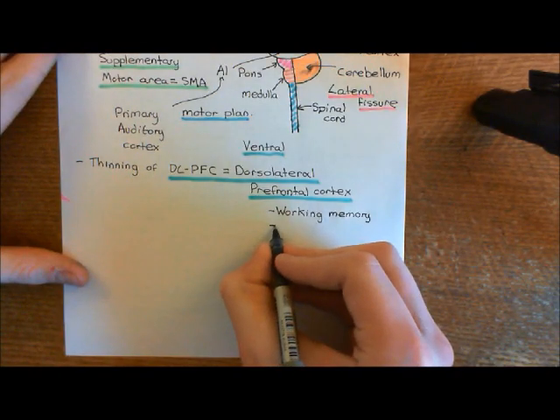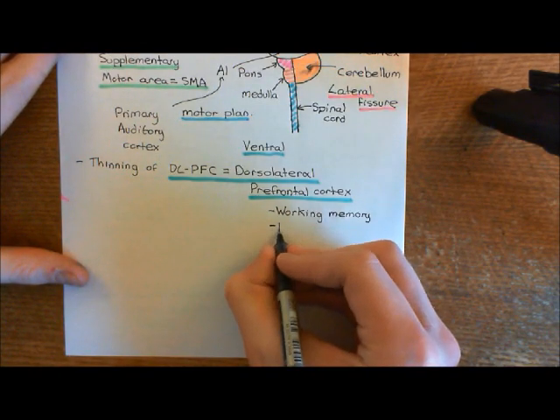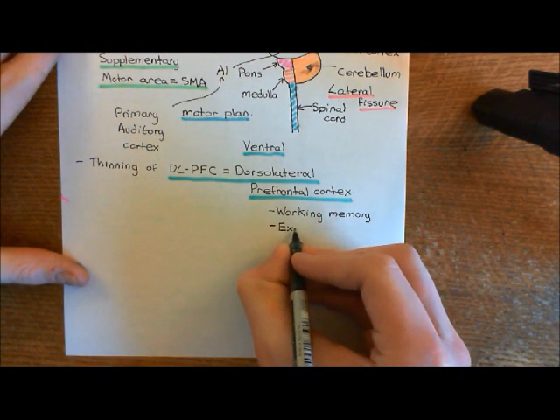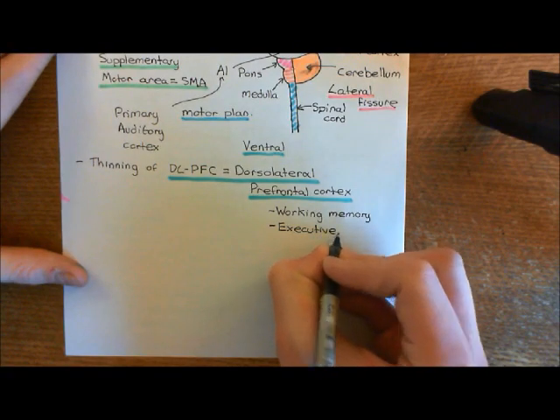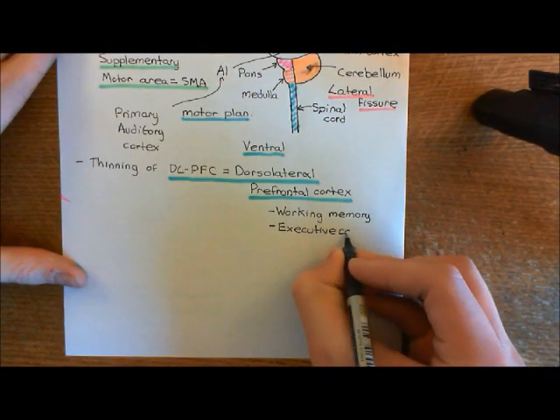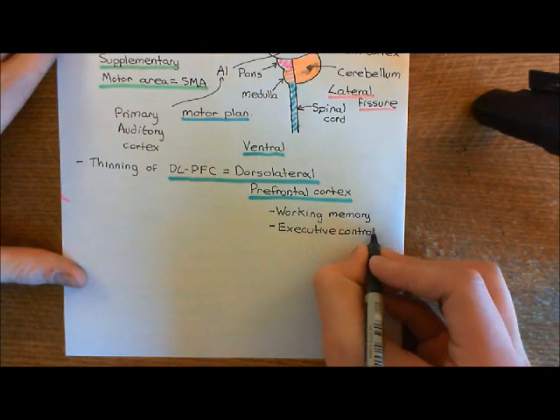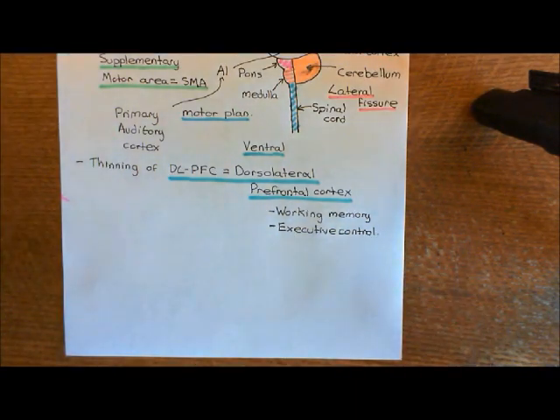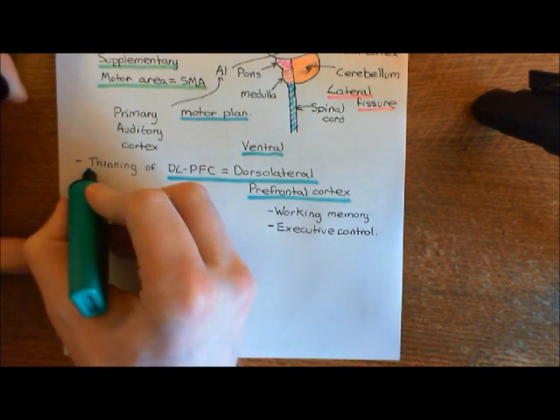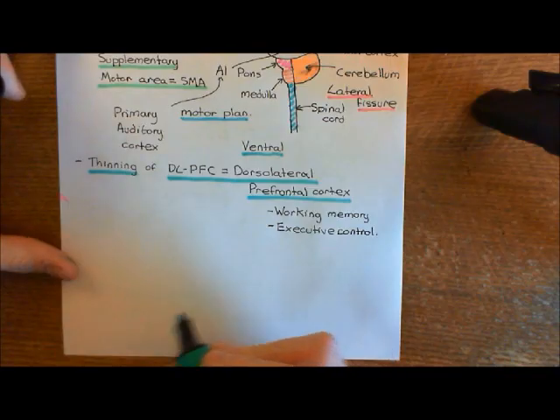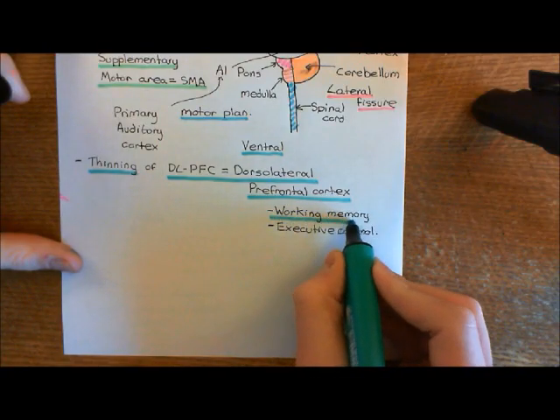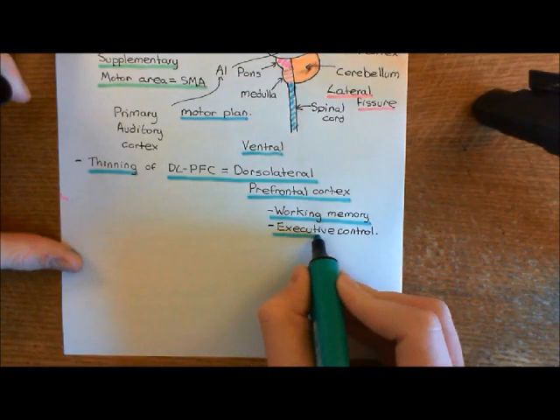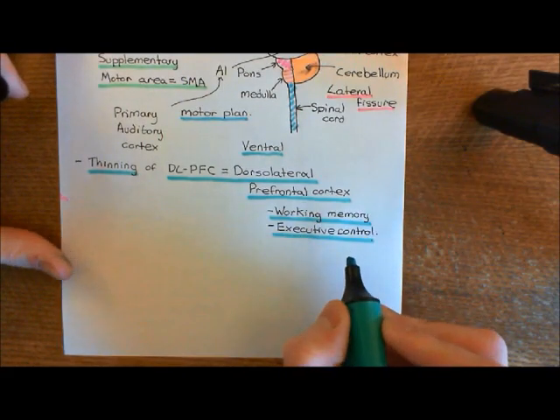In addition, executive control is the ability to make decisions about what you're going to do today. So executive control and working memory are the functions of the dorsolateral prefrontal cortex. We find this area thinned in people with schizophrenia, so this could explain why you have deficits in working memory and executive control in schizophrenia.